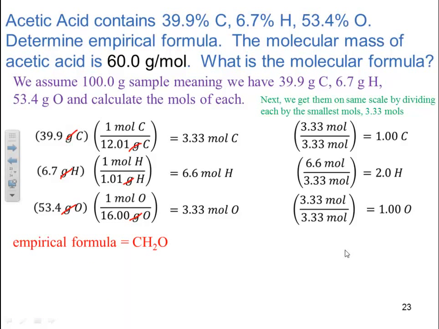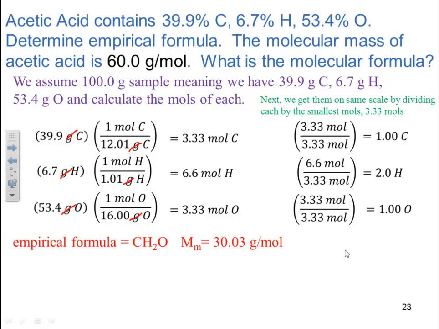That's my empirical formula. Now if I add up the molar mass of that, 1 carbon, 2 hydrogens, and 1 oxygen, let's see what we get. We get a molar mass of 30.03 grams per mole. Now that does not equal the molar mass of our molecular substance, acetic acid. So we need to figure out how many multiples that formula is of the empirical formula.